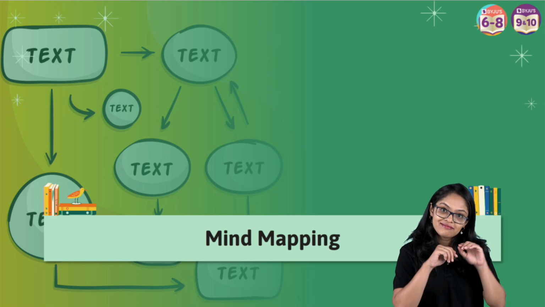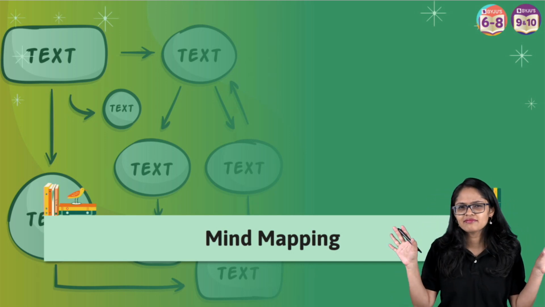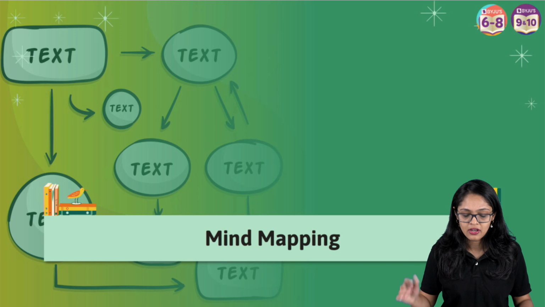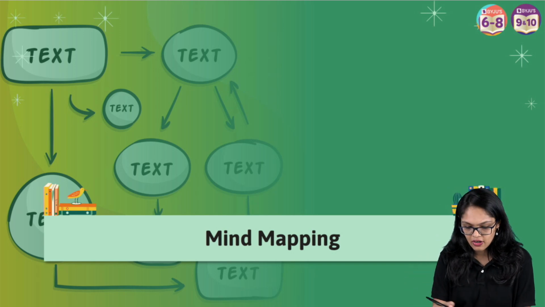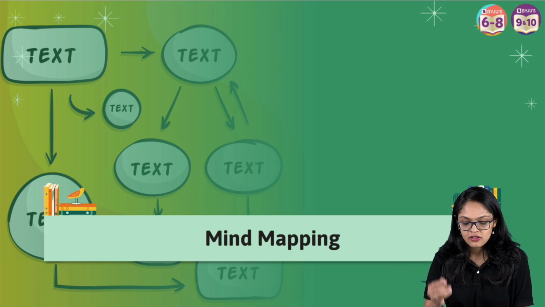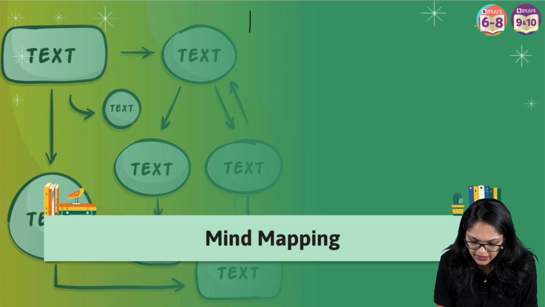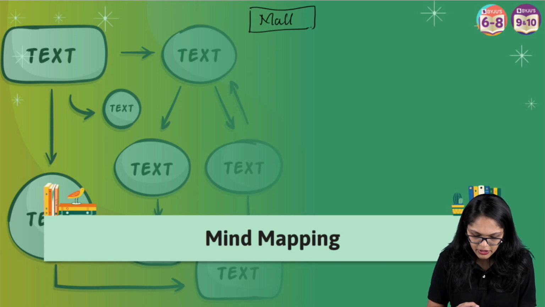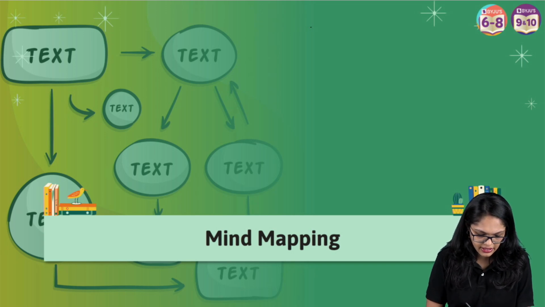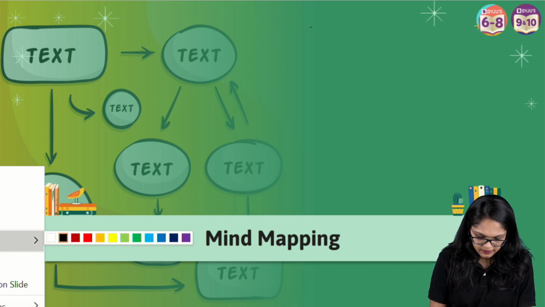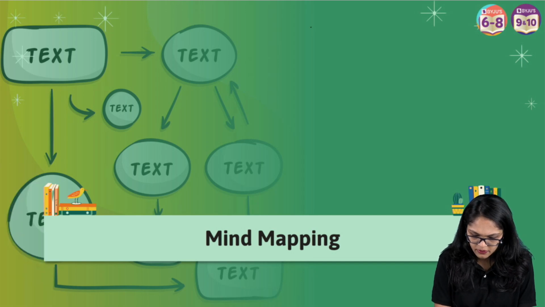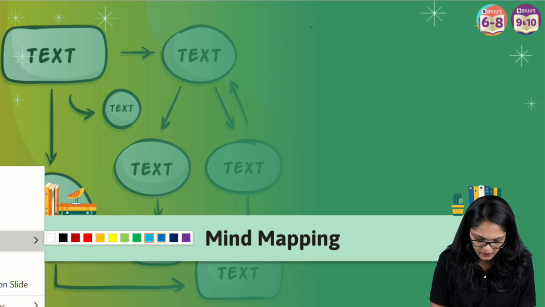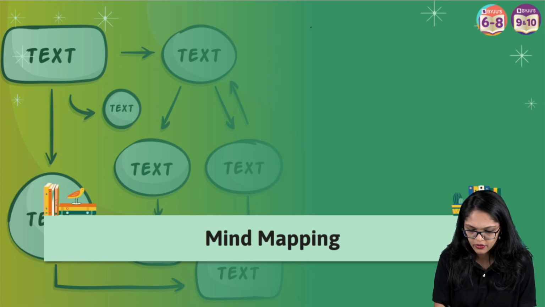Let me simply draw a mind map here, okay? So we have a concept of states of matter. Let me use a better color here, blue.